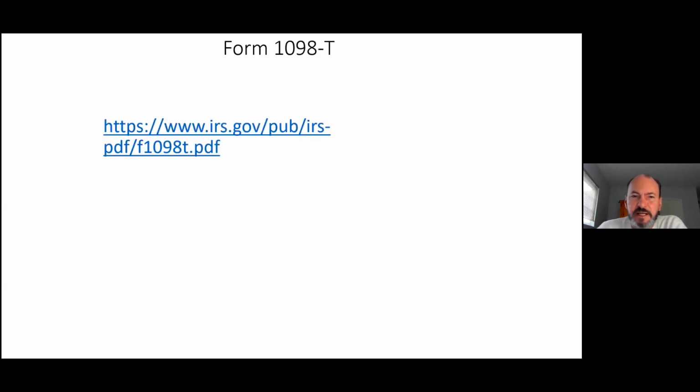All right, and same thing, I'm not going to open that up, but if you're interested in the tax year 2021 Form 1098-T as in Tango, it is published, and you can see that on the IRS website. And if you've gone to the IRS website, and I'm not an expert at it, I mean, I've used it as an agent thousands and thousands of times, but there's an incredible amount of information and forms on the website.